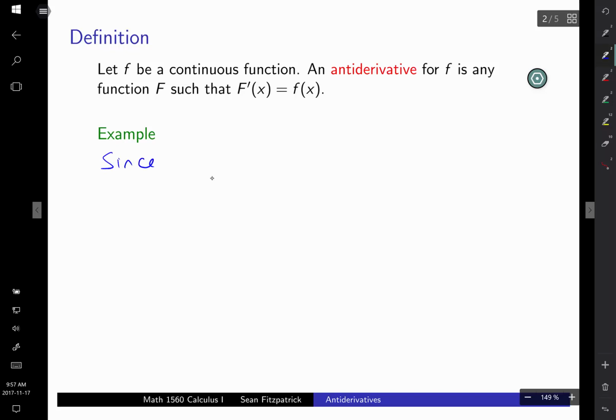Well, since the derivative of x to the n is n times x to the n minus 1, then that tells me that an antiderivative, that's terrible handwriting, let me see if I can improve.